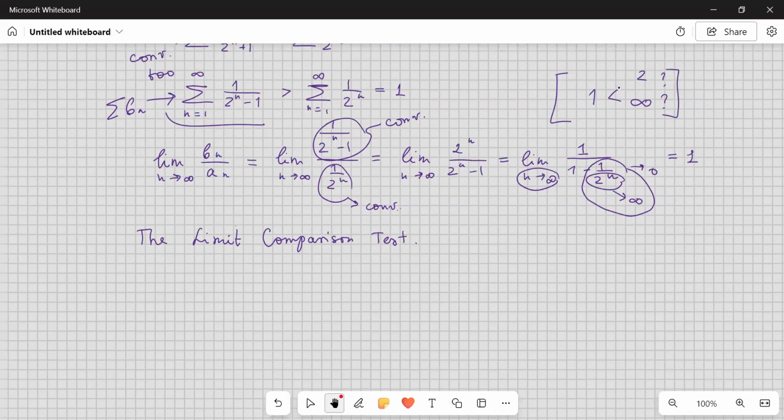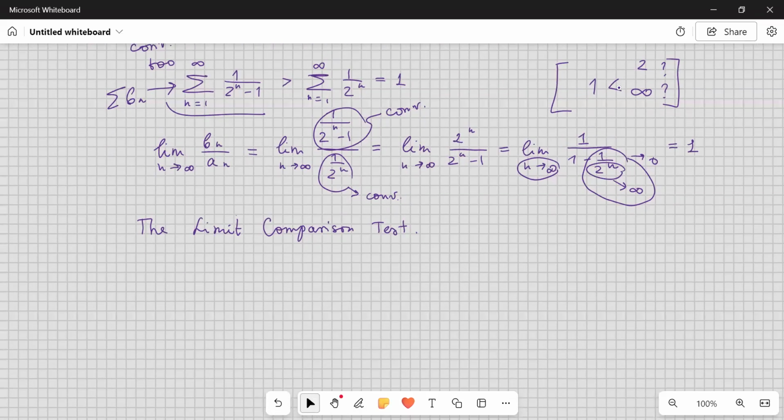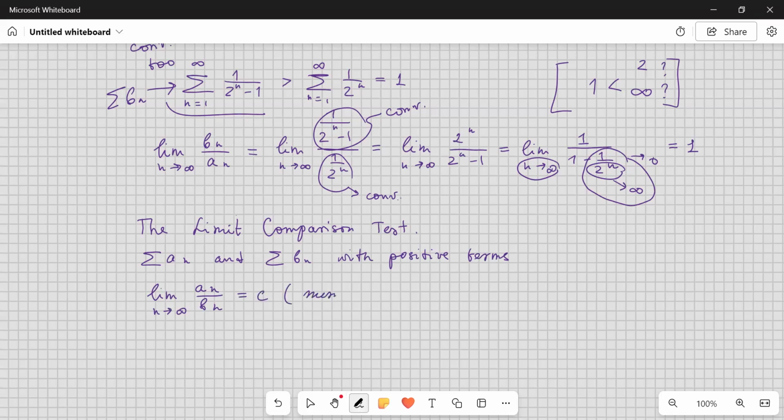The limit comparison test is going to be very similar to the comparison test. Let's imagine that we have two series, AN and BN, with positive terms, and the limit of AN over BN, or BN over AN, equals a constant number, not equal to 0 and not equal to infinity.